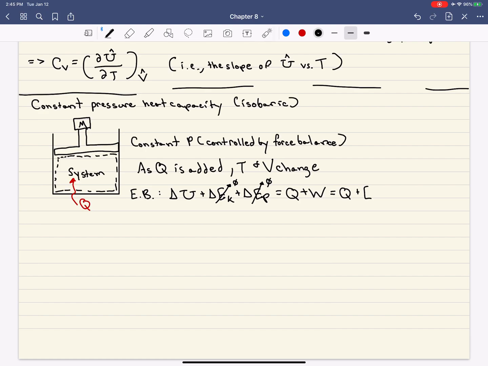So the work is going to be equal to the change going from the initial pressure and volume to the final. And we have to remember the order here. Because I'm on the right-hand side, where I'm dealing with the Q plus W terms, I'm going to write the initial first, and then the final.